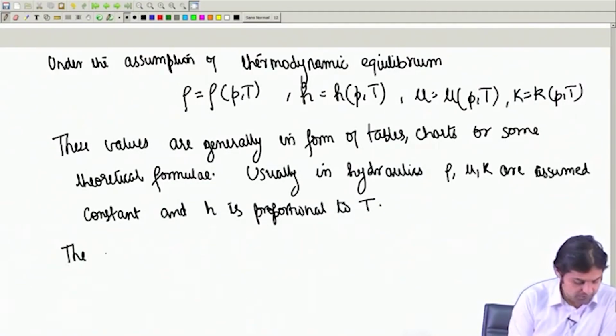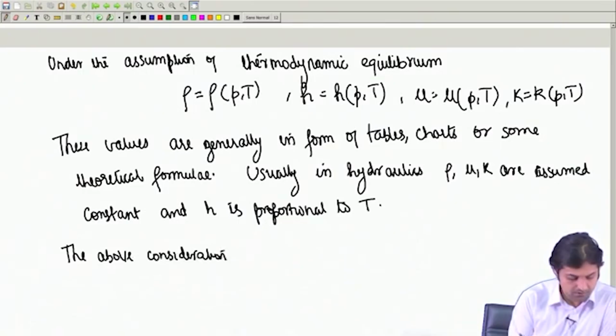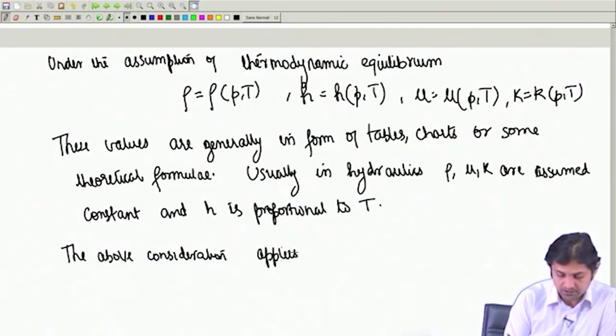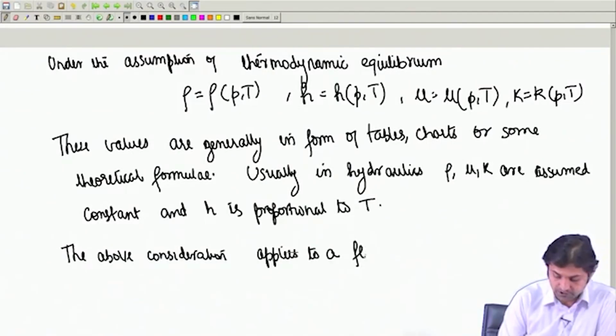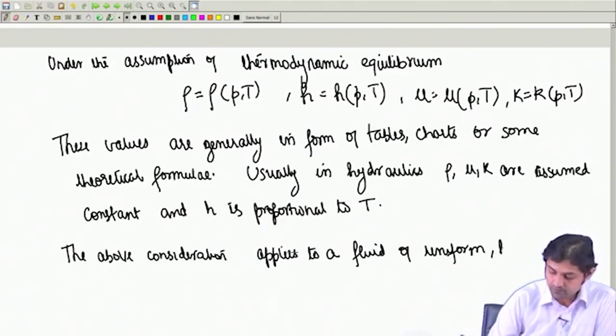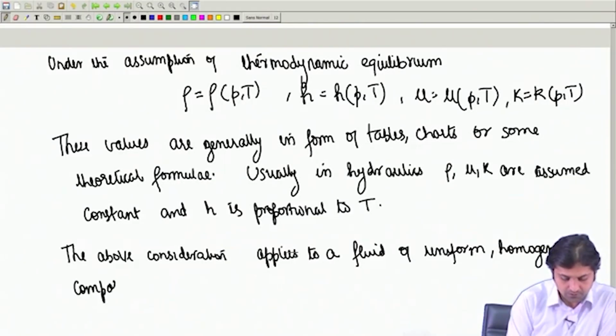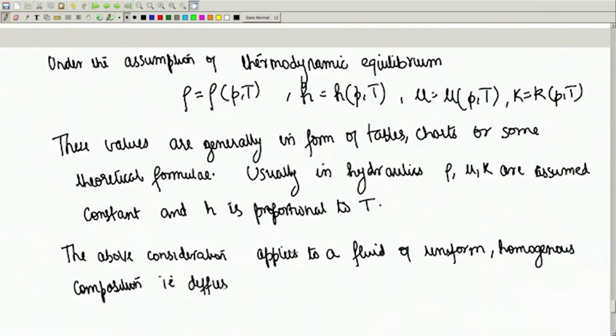So the above consideration applies to a fluid of uniform, homogeneous composition, which means diffusion and chemical reactions are not considered.